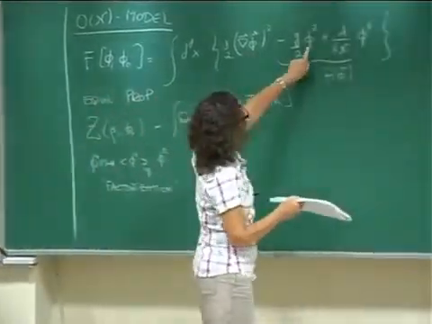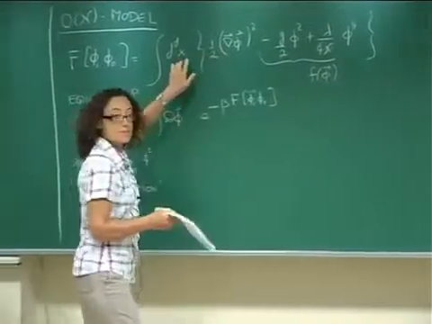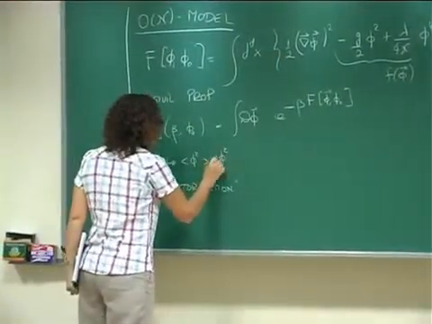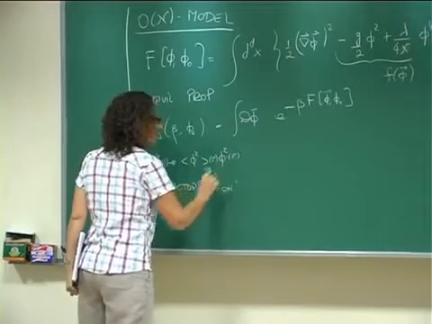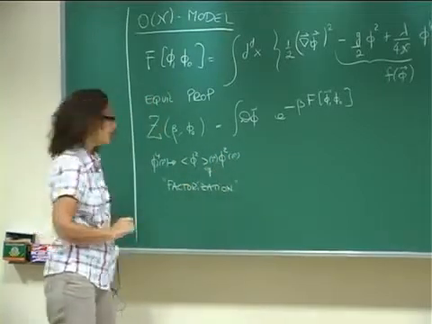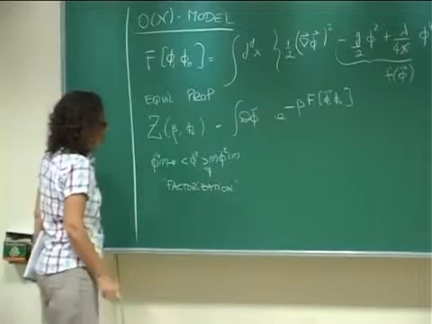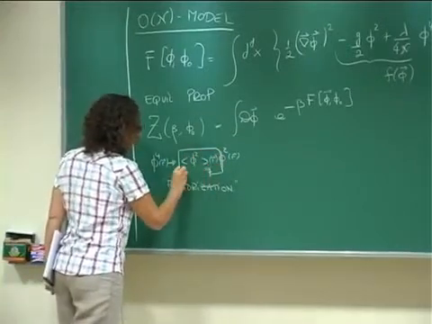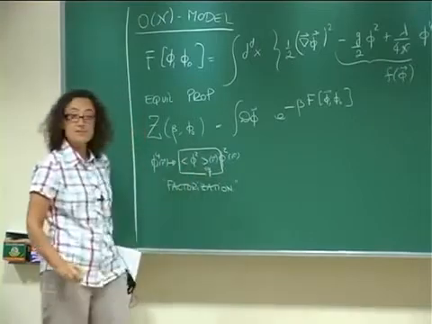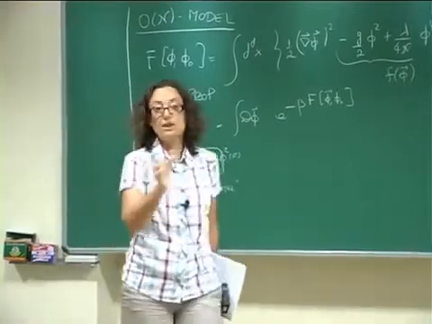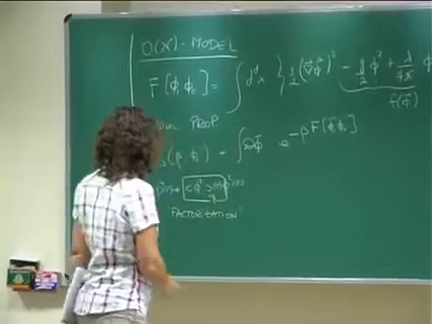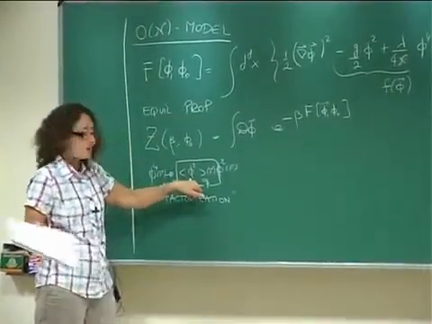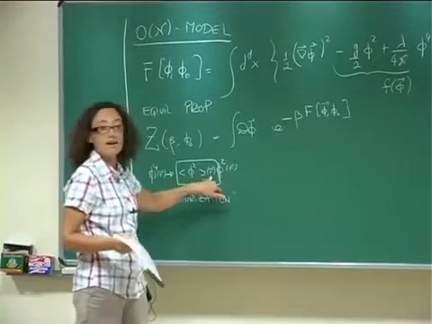All these phi's here depend on r, and then I have to integrate over space. So here there is an r dependence, and here there is an r dependence. But there is no reason to believe that once I separated my phi to the fourth term in two factors, and one of these is an average, there is no reason to believe a priori that this average will depend on r.